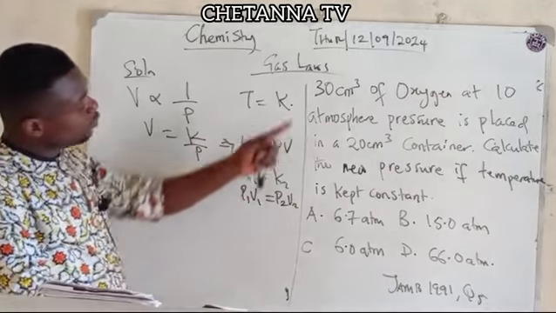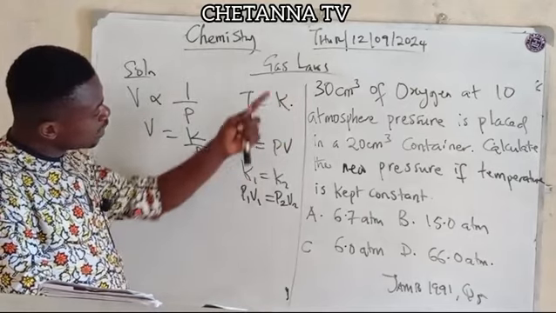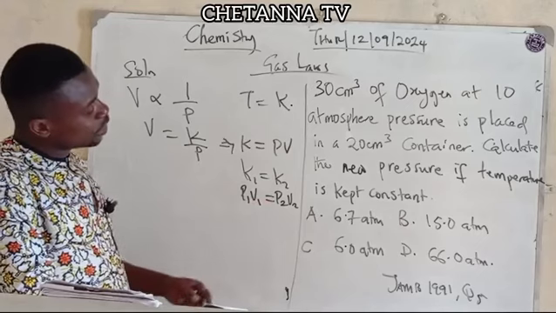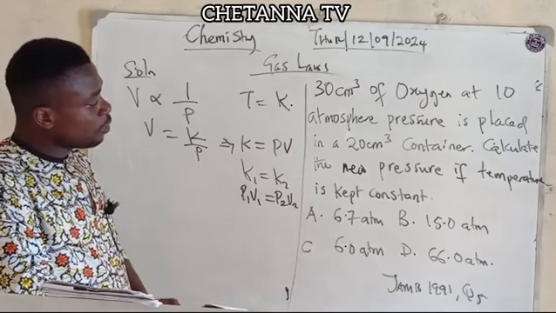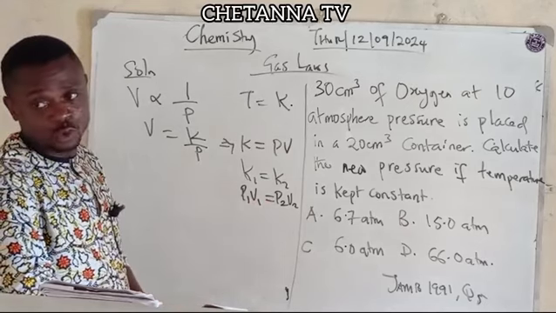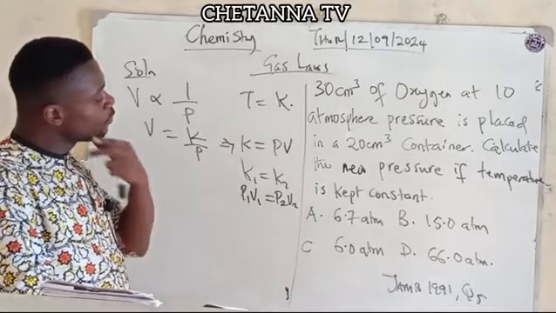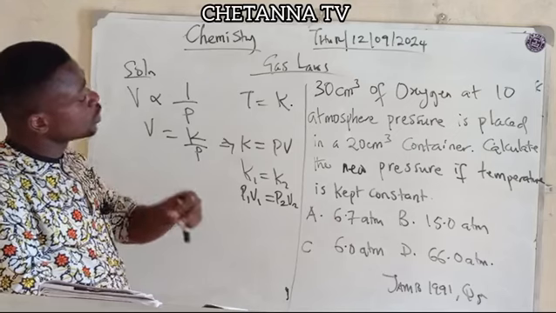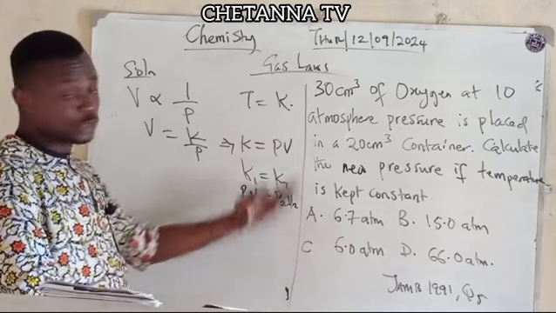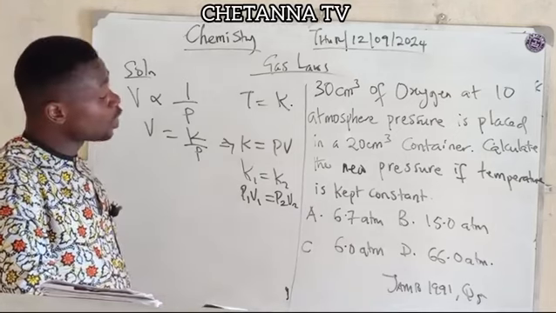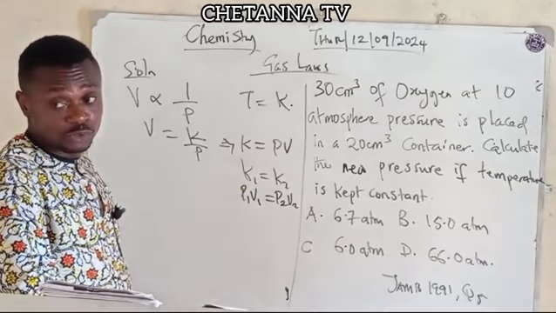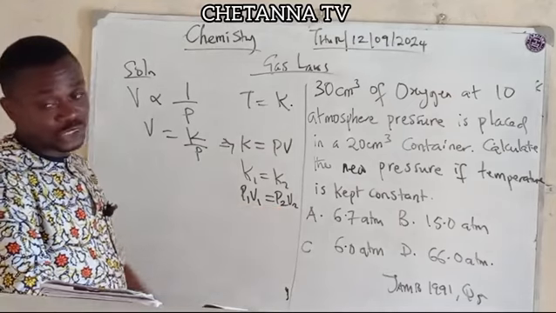We know the first pressure. We know the first volume. The second pressure, we don't know it. That's what we're looking for, right? But the second volume, we know it, right? Which is 20 cm cube. So we substitute and get our answer. We are looking for P2, so make P2 the subject of the formula.